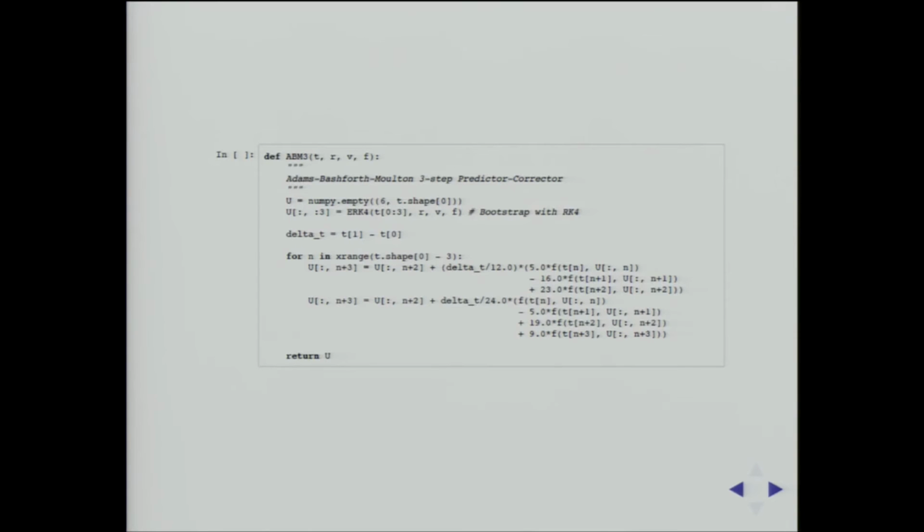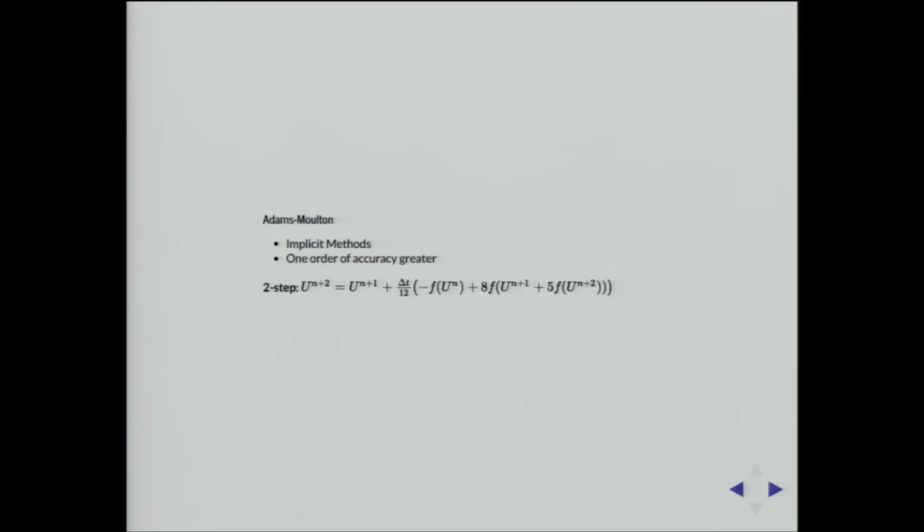So this is how we could implement an Adams-Bashforth-Moulton, which is the predictor-corrector. If I don't want to use an iterator like Newton-Raphson to evaluate u n plus 2 in this case, what I can do is use an explicit method to estimate u n plus 2. I can use Adams-Bashforth to do this. That is called the prediction.